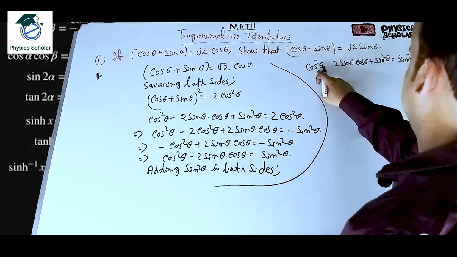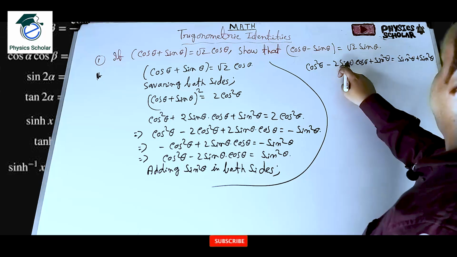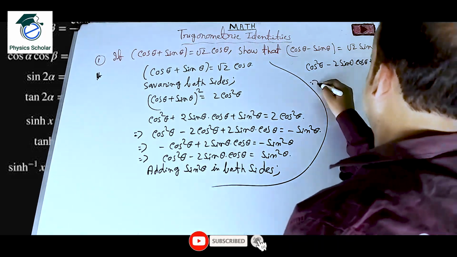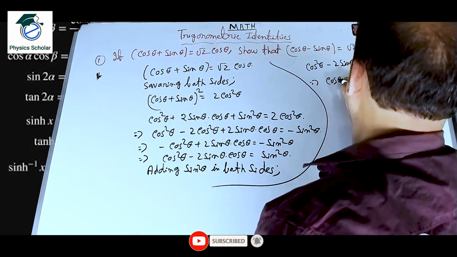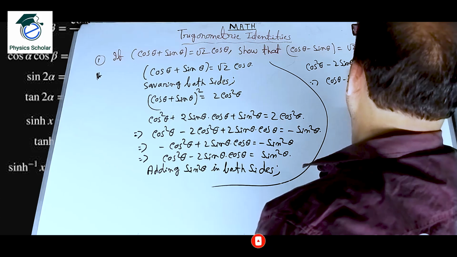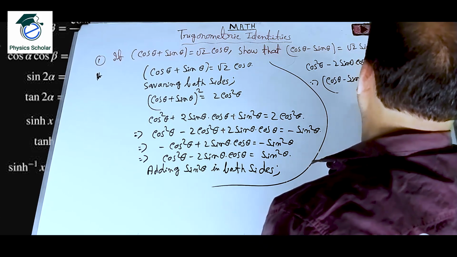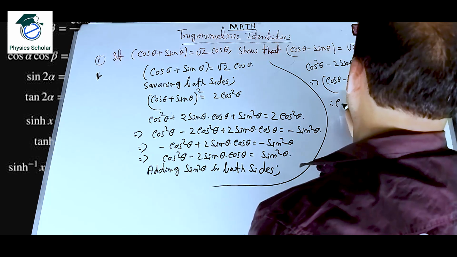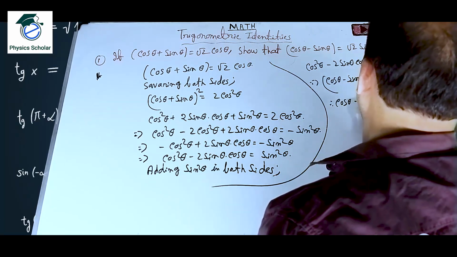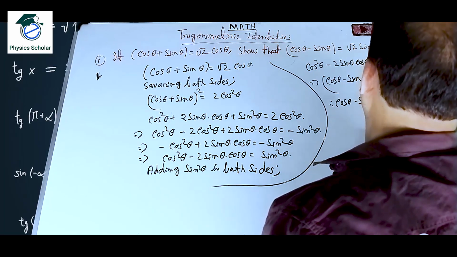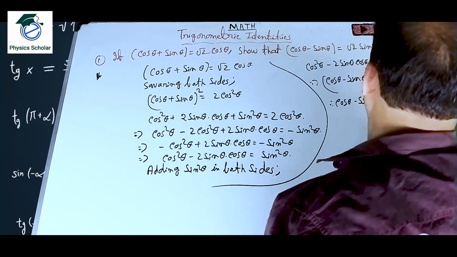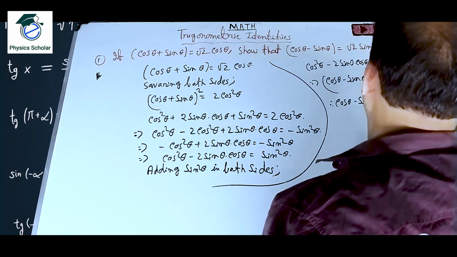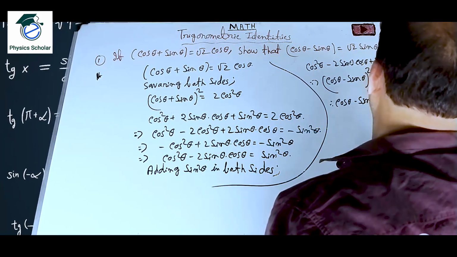So here cos square theta plus sin square theta minus 2 sin theta cos theta, that means cos theta minus sin theta whole square is equal to 2 sin square theta. If we take the square root, cos theta minus sin theta is equal to root 2 sin theta. So this is proved.